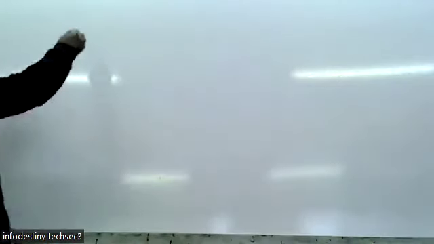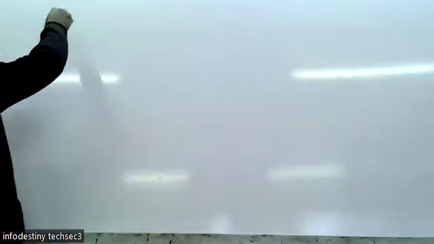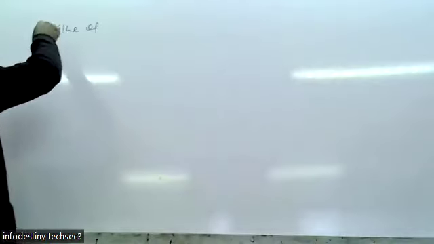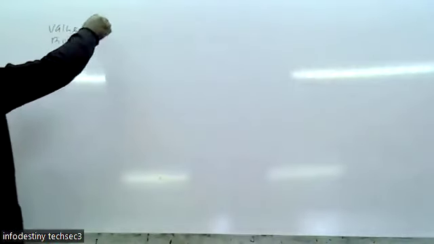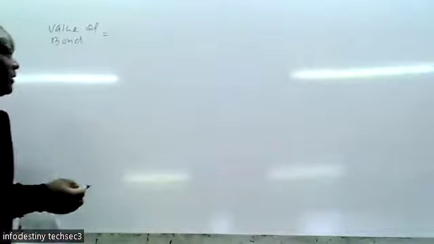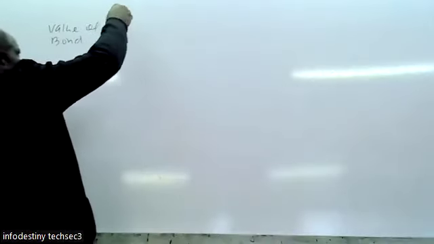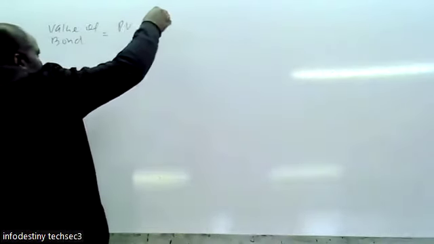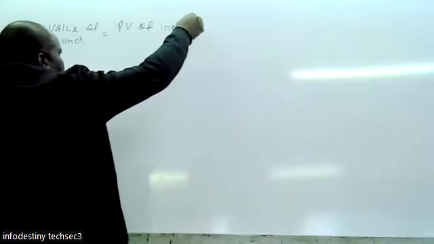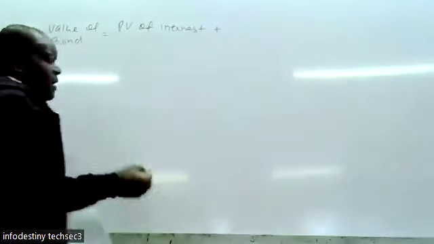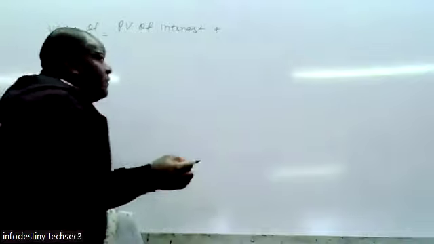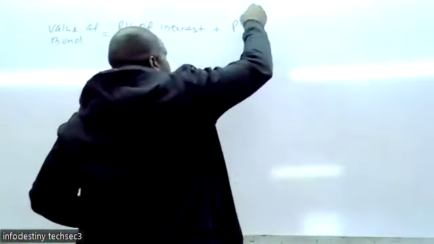So let us now see how to get the market value for that bond. The value of the bond is given by the present value of the interest, then you add the present value of the maturity value.